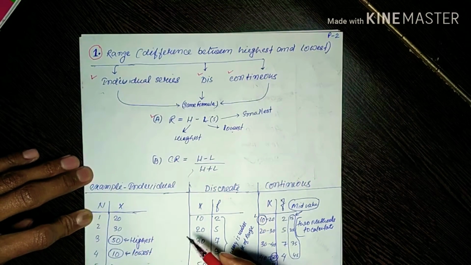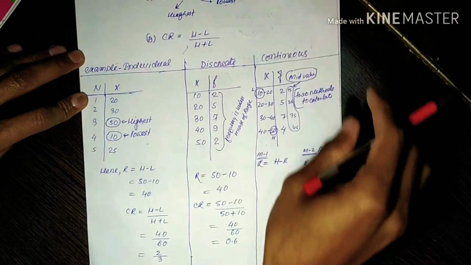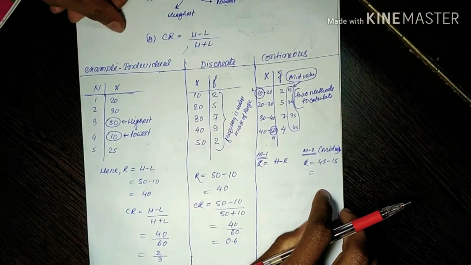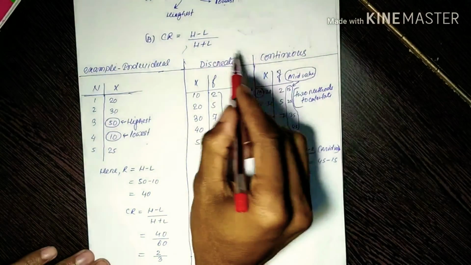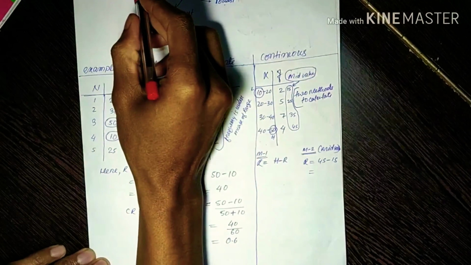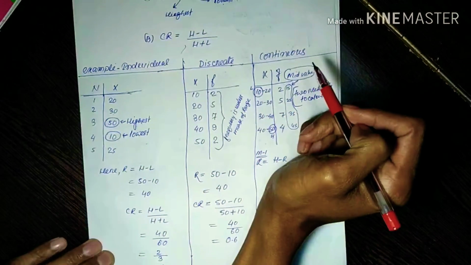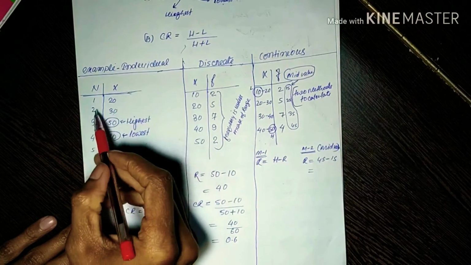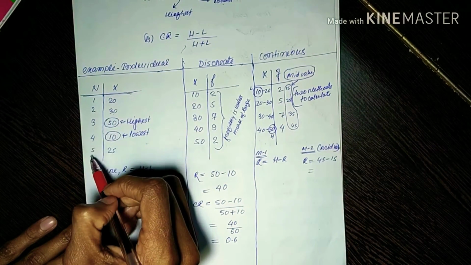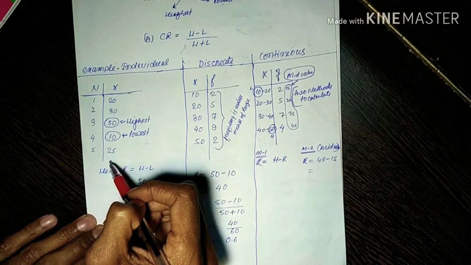So you see the first example. Here I will show you these three methods: individual series, discrete series, and continuous series. In the individual series, the number of items is given as 1, 2, 3, 4, 5, and X is given as 20, 30, 50, 10, 25.